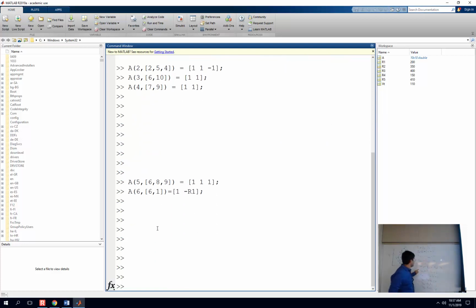In the sixth row, I have VAB minus R1, I1, right? The coefficient for VAB is 1, coefficient for I1 is negative R1. Does that make sense?